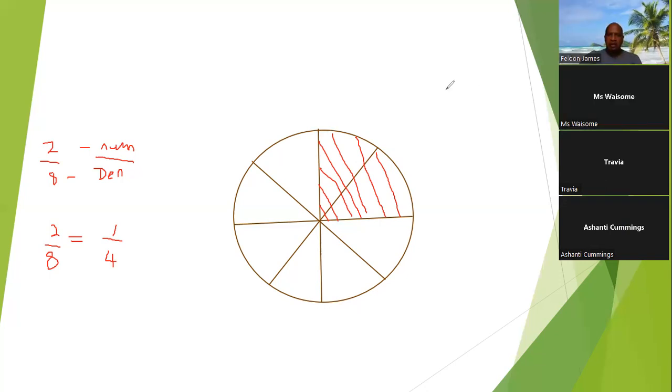All right, let me clear all that. So let me ask you now, students, what are the different types of fractions that you know?